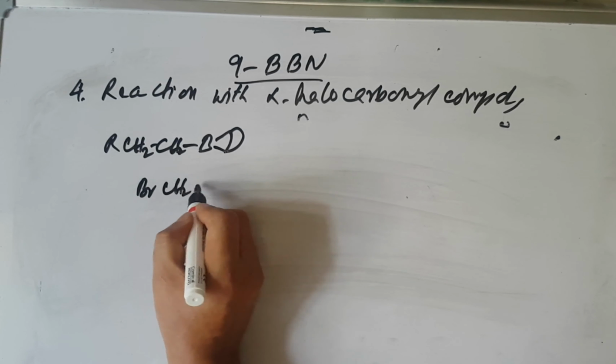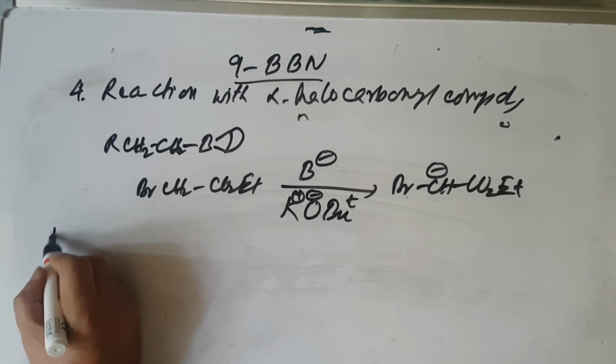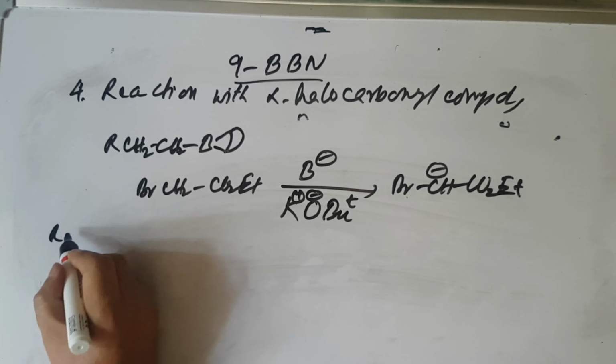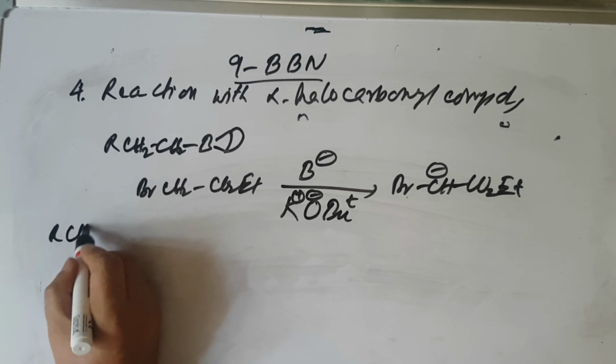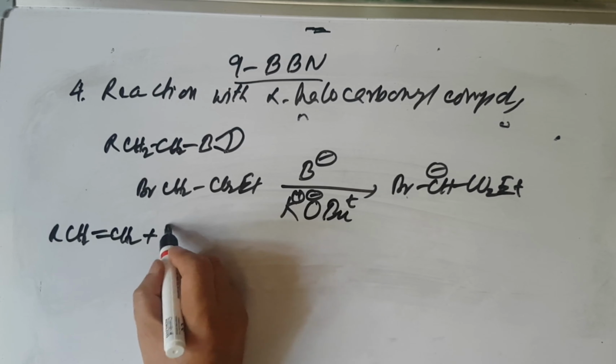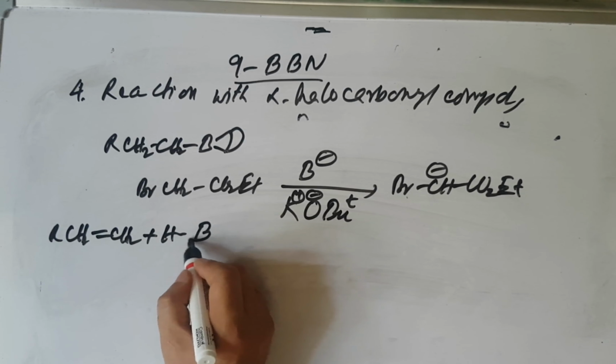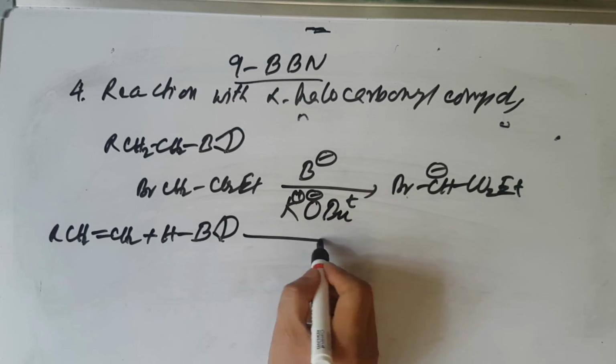After removal of the proton from here, we got this one, a carbanion is formed. So this carbanion attacks this alkyl boron obtained from RCH=CH2 reacting with 9BBN, to obtain this one, RCH2CH2.